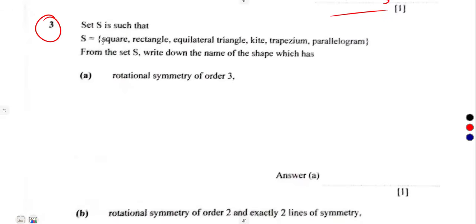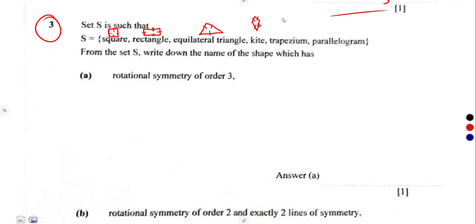Number 3, the set S is such that S is representing a square, rectangle, equilateral triangle, a kite, trapezium, a parallelogram, all right? So here we've got a square where all sides are equal. Then we've got a rectangle where opposite sides will be equal. Then we've got an equilateral triangle where all sides are equal. Then we have got a kite, where the adjacent sides are equal.